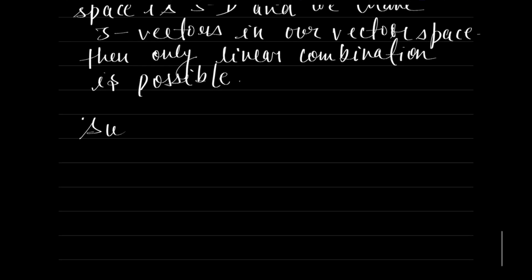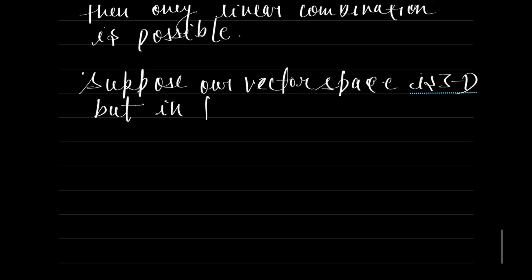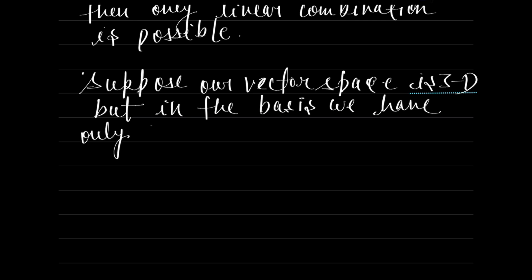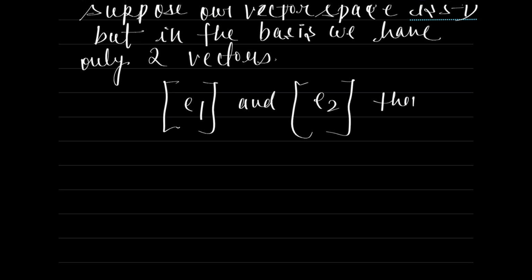Suppose our vector space is three-dimensional, but in the basis we have only two vectors, like if we have E1 and E2, then this spanning is not possible.